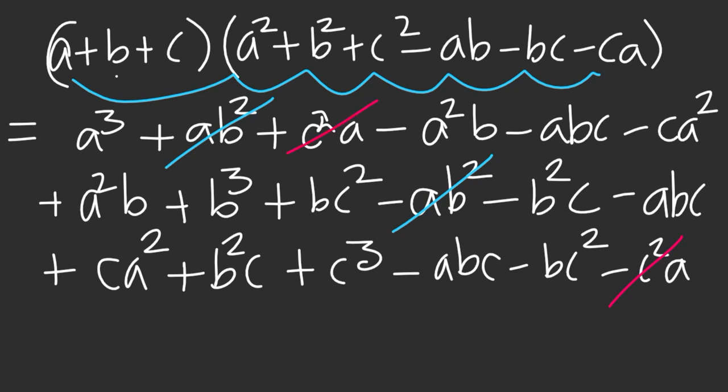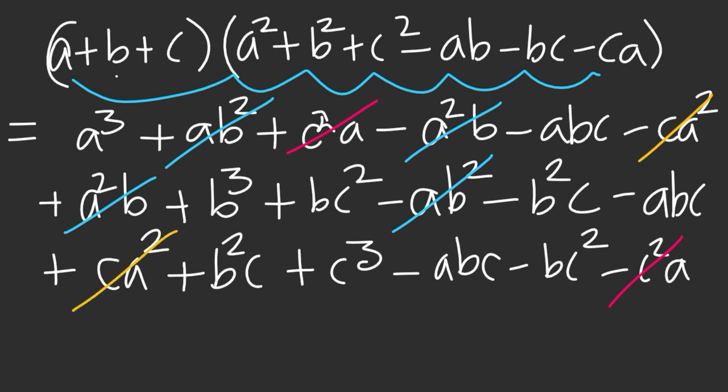Then I have a square b minus, so this is plus a square b. Then I have minus c a square, so I will also have a plus c a square. So gone. Do I have anything more?